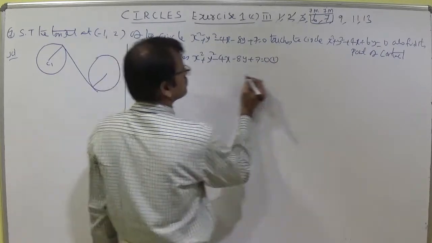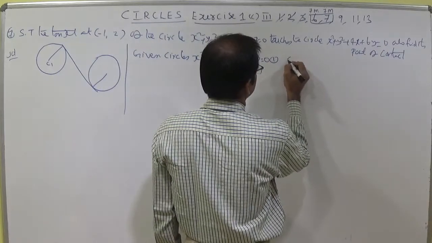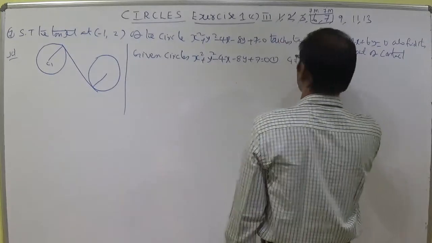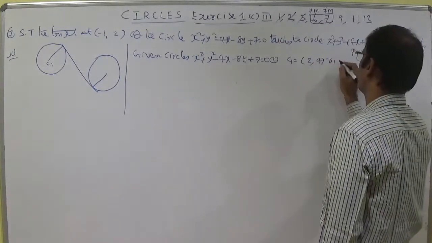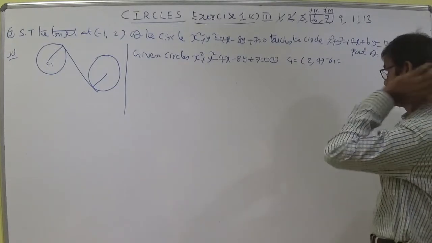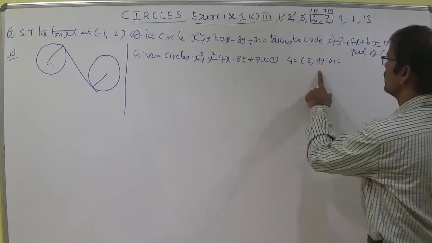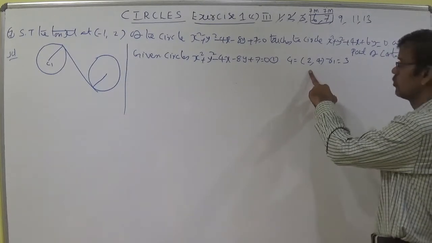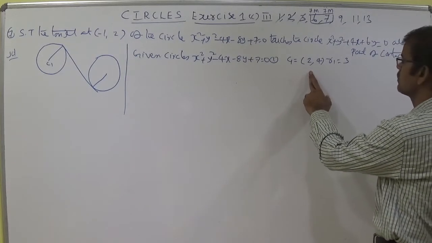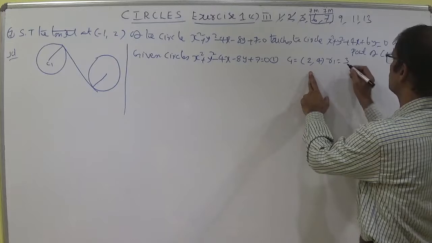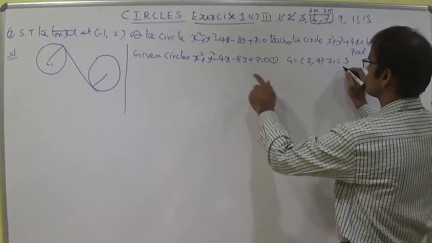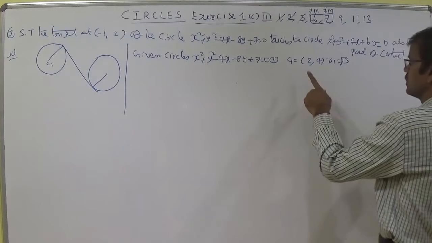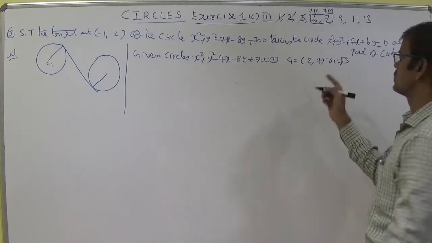Here C1 center is 2 comma 4 and R1 equal to root of g square plus f square minus c, that is 4 plus 16 minus 7. 4 plus 16 is 20, 20 minus 7 is 13. Because of the g square plus f square minus c concept.